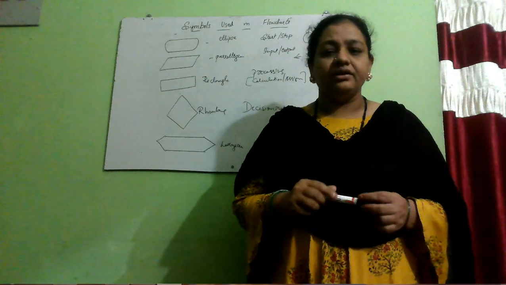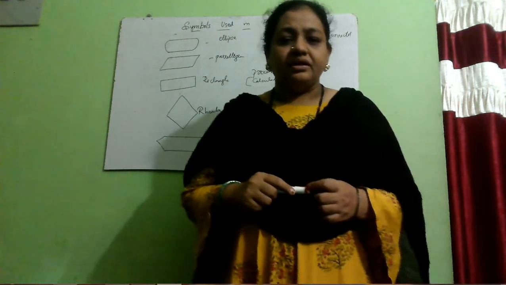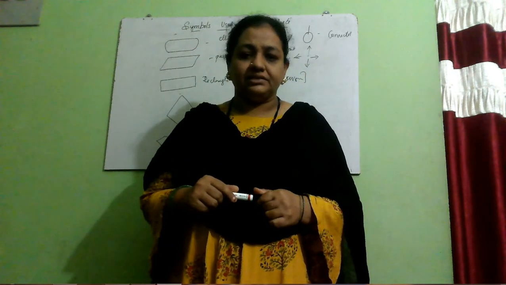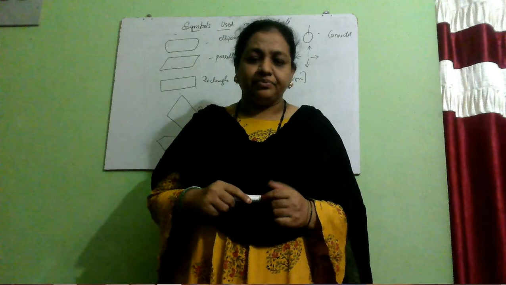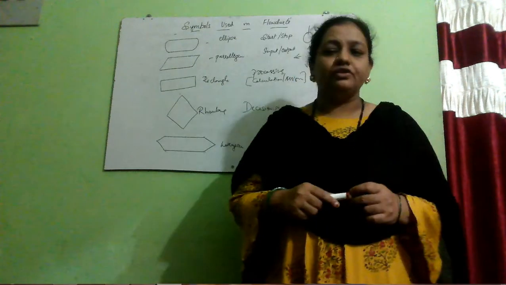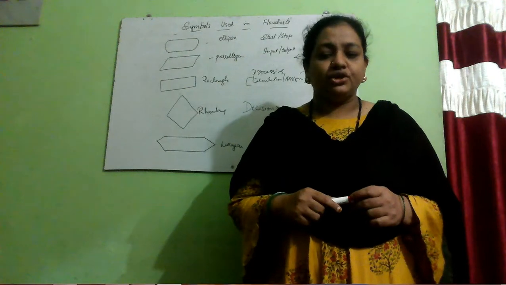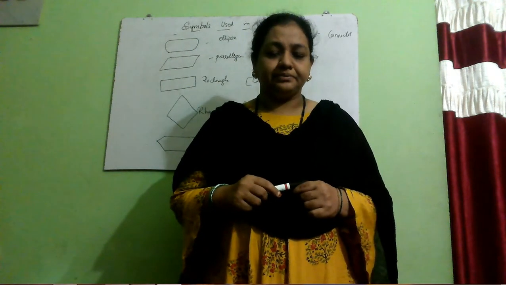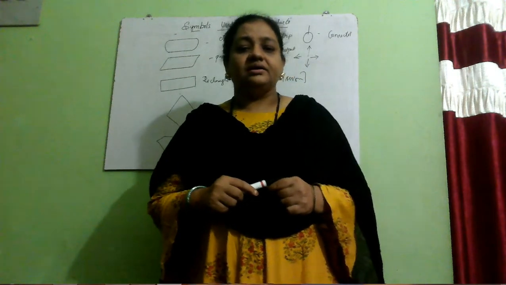Let me tell you what exactly is a flowchart. A flowchart is a diagrammatical representation of an algorithm or a program. Algorithm, by this time you know how to write different types of algorithms.